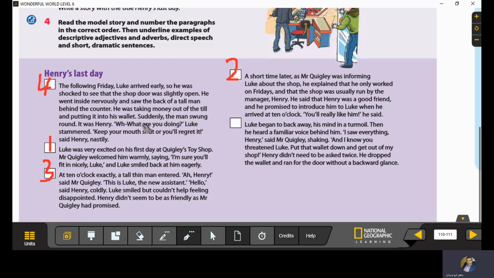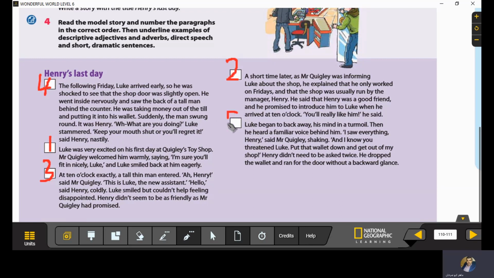He was taking money from the cash and putting it into his wallet. Suddenly, the man swung round. Oh, it was Henry. "What are you doing?" Luke stammered. He was really shocked. "Keep your mouth shut or you'll regret it," said Henry nastily.